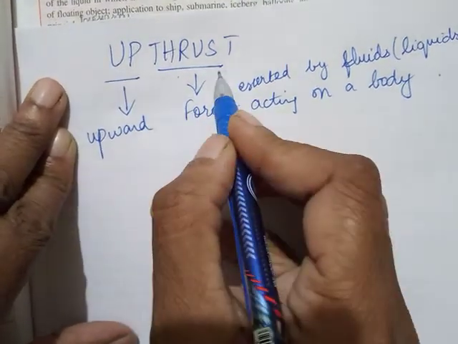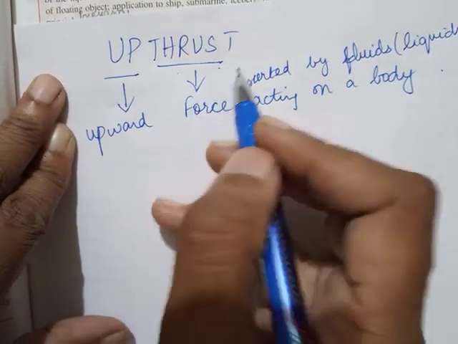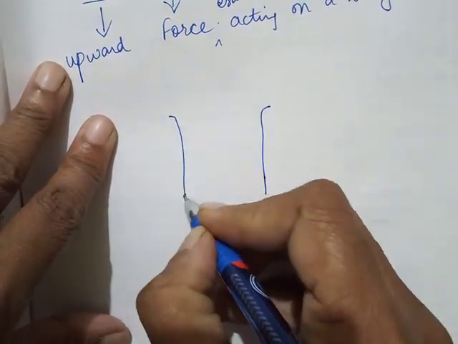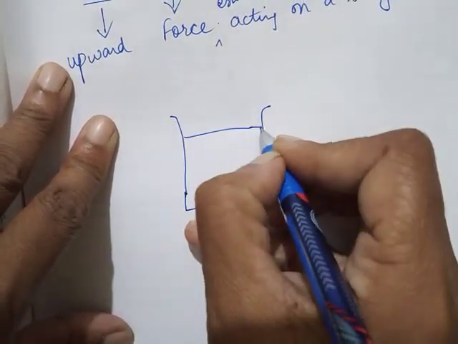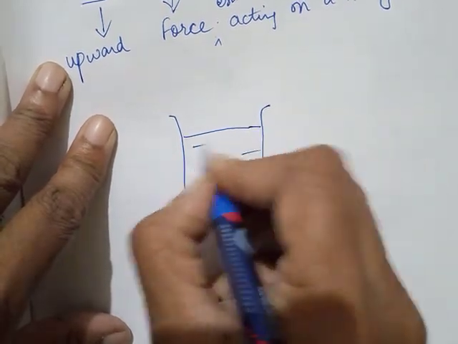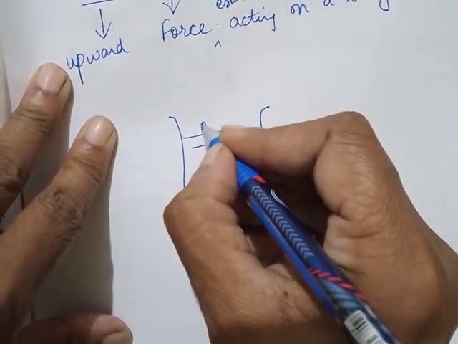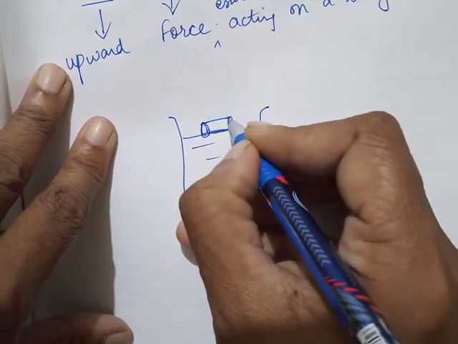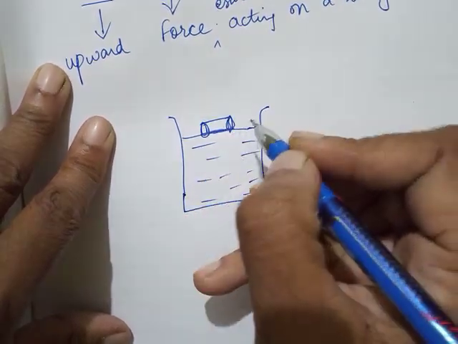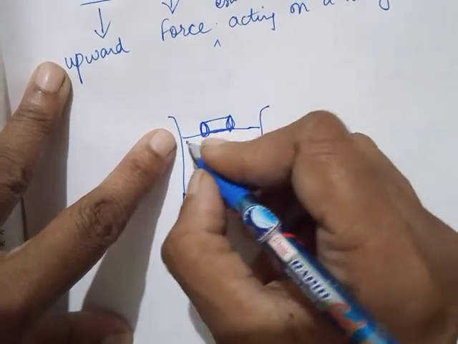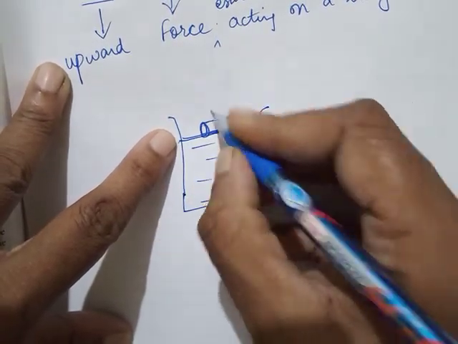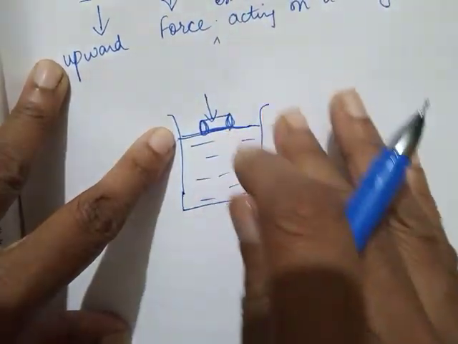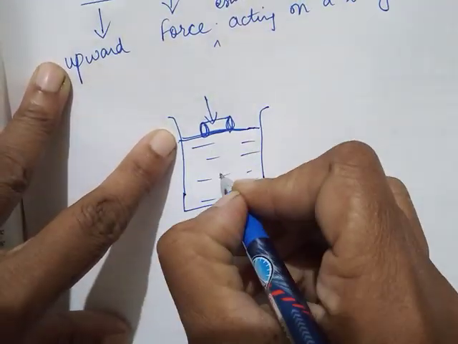So from the name itself you can understand, and you have all observed this. If you take a bucket of water and then you have an empty tin can, a Coke can, which is empty, you can understand it's very light, so it will float in water. What you're going to do, you're going to push it with your hand inside water.